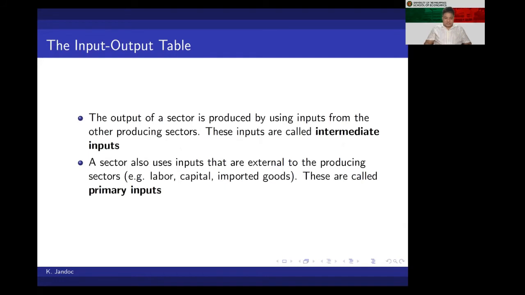So a machine coming from the manufacturing sector, which will be used as an input to produce goods in the agricultural sector, for example, is called an intermediate input. And there are also other types of inputs, such as labor, capital, and imported goods, which are called primary inputs. So there's a distinction between these two types of inputs: primary inputs and intermediate inputs.